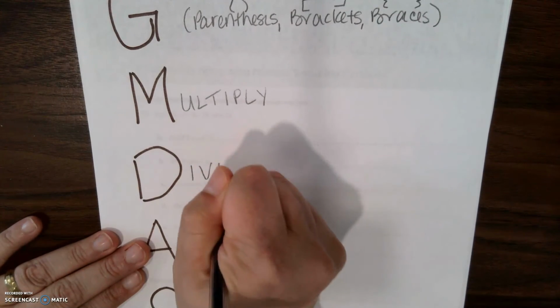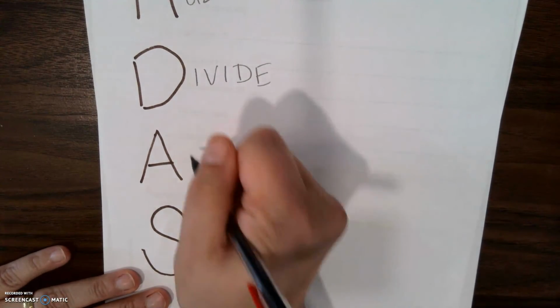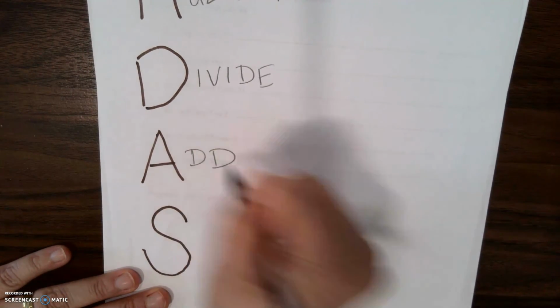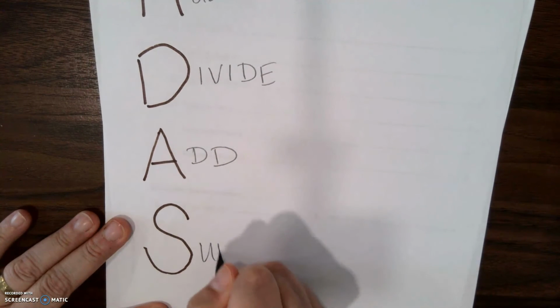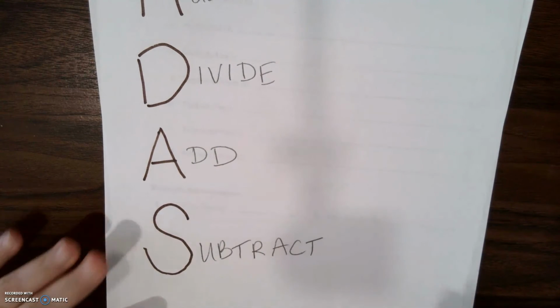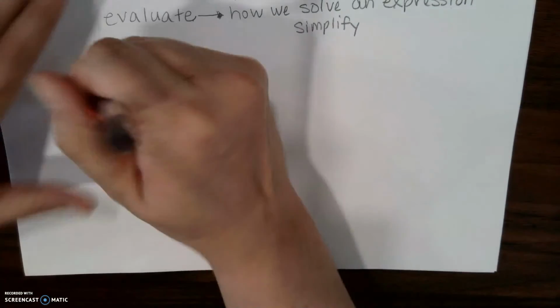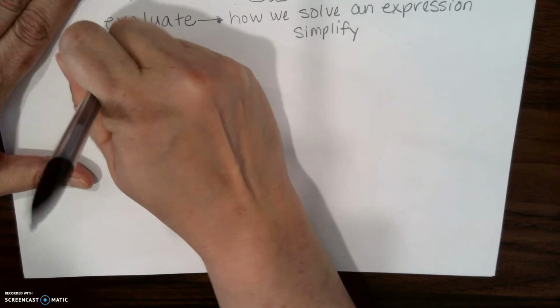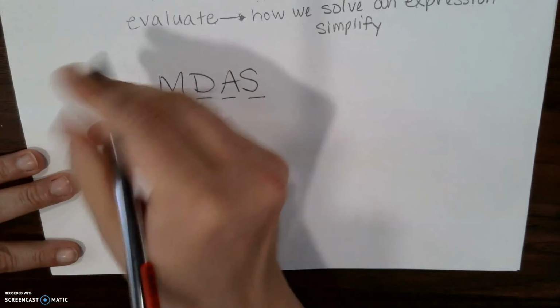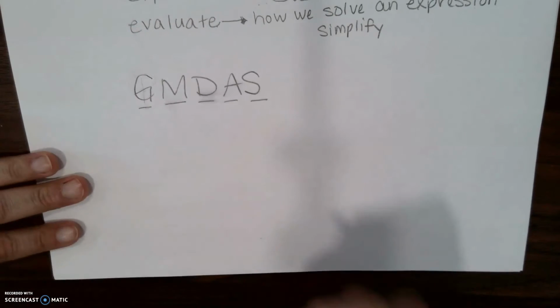Okay? And then, so we have our group, then next we go into our multiplication, then we divide, then we add, then we subtract. If you will remember these steps all the way through Unit 2, you are going to be successful.